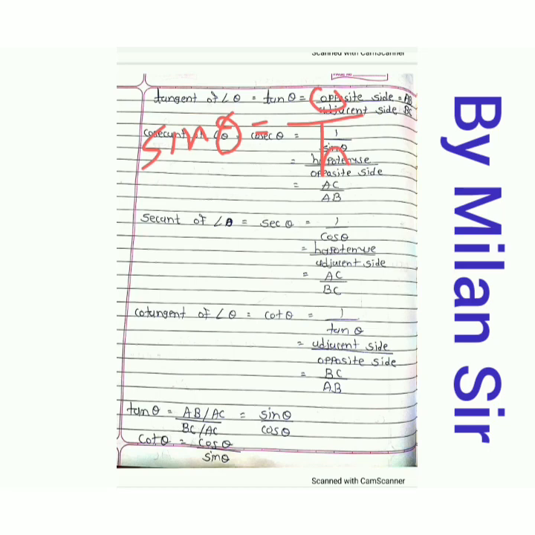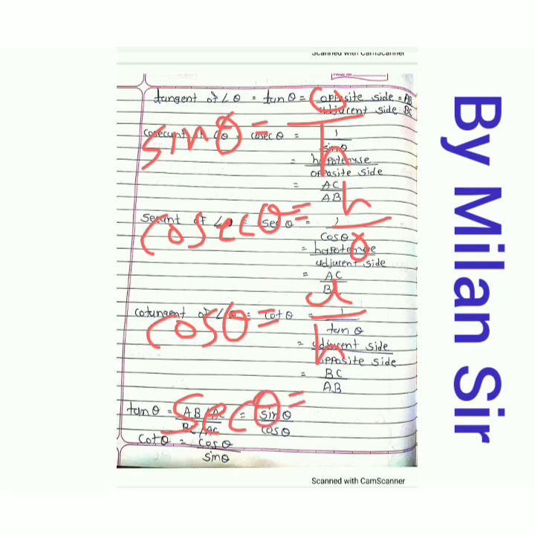Now again, sin theta is equal to, I am writing the short form, opposite side upon hypotenuse. So inverse of sin is cosec theta. So cosec theta is equal to hypotenuse upon opposite side. Now cos theta is equal to adjacent side upon hypotenuse. So sec theta is the inverse, hypotenuse upon adjacent side.